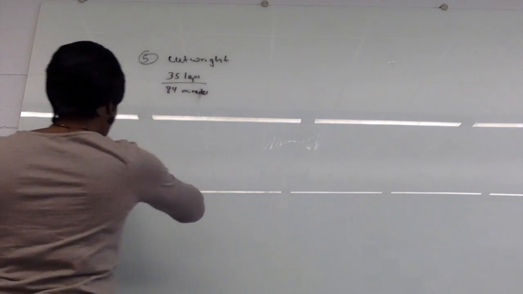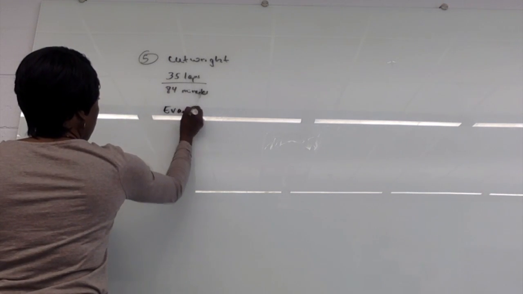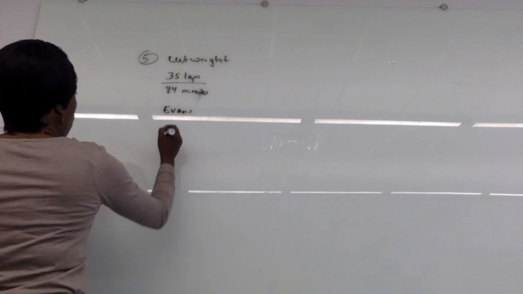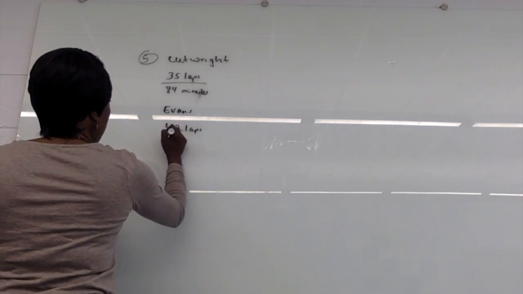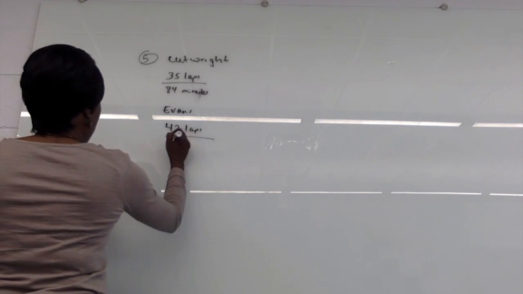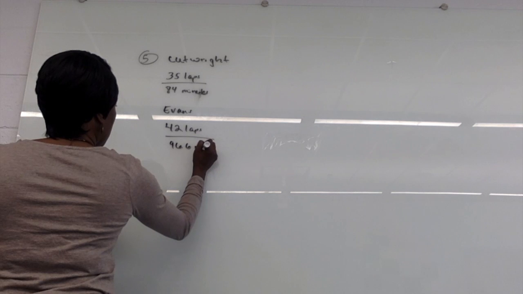Let's go to Evans. Evans can go 42 laps in 96.6 minutes.